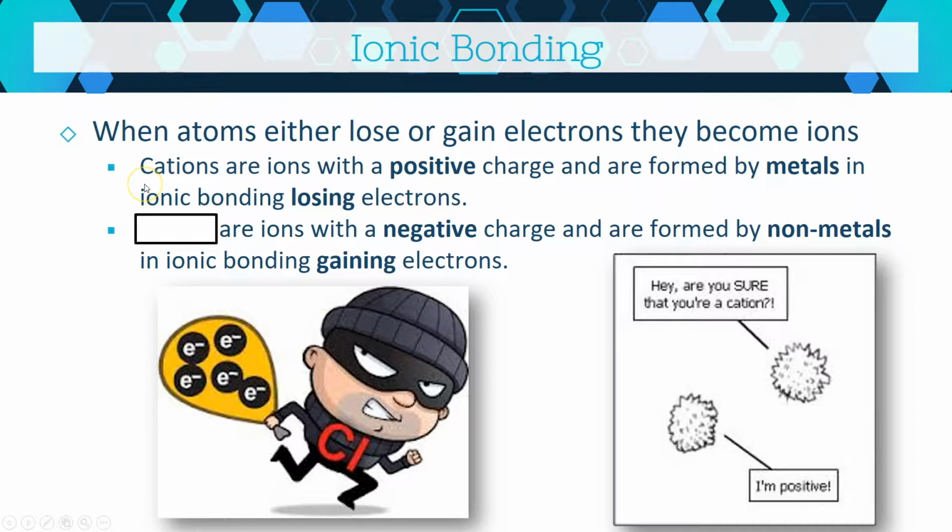One fun way to remember this is cats have paws and cations are positive. So I don't know if that helps you or not, but that's one way you can remember what cations are. On the other hand, our non-metals gain their electrons and they form a negative ion, and we call this an anion. So anions are ions with negative charge, and they're formed by non-metals in ionic bonding, the non-metals that have gained electrons.